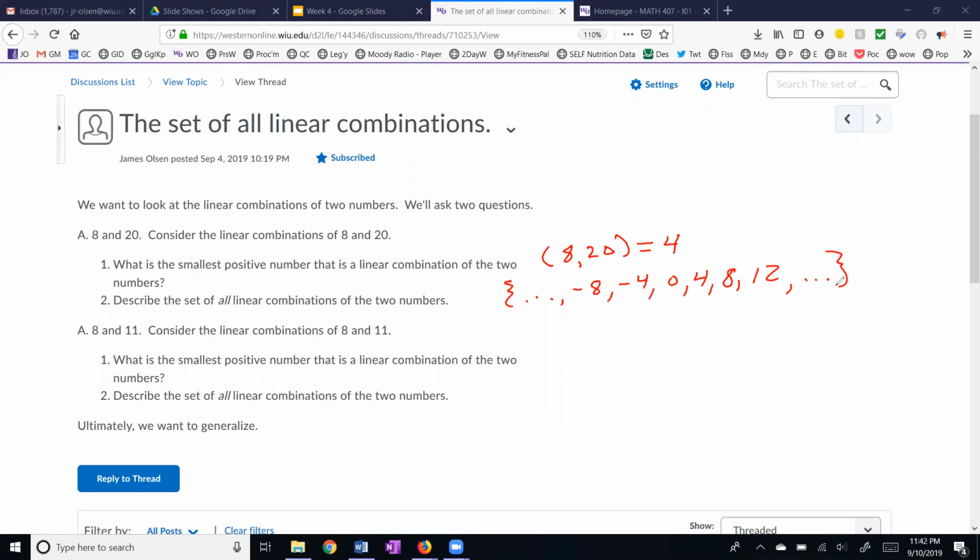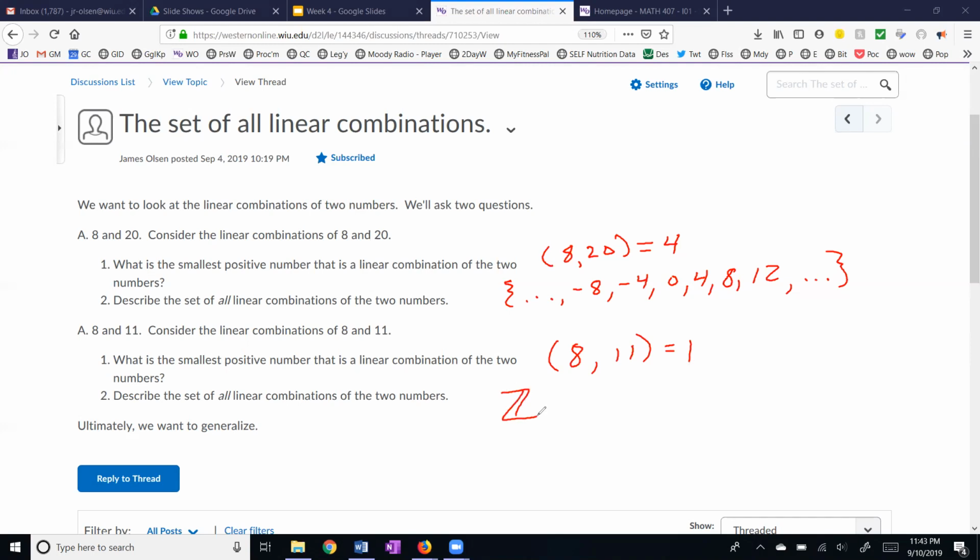And in the case of 8 and 11, which are relatively prime, the smallest positive number that is a linear combination of 8 and 11 is 1. And the set of all linear combinations will be all the integers.